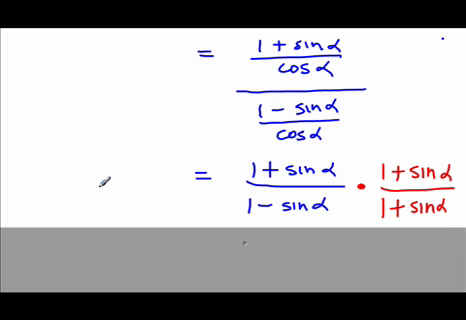I kind of peeked and looked ahead as to where I'm supposed to end up. Take a look at the numerator of what you're supposed to end up with. A very good question. The numerator of where we're headed is sine squared alpha plus 2 sine alpha plus 1.